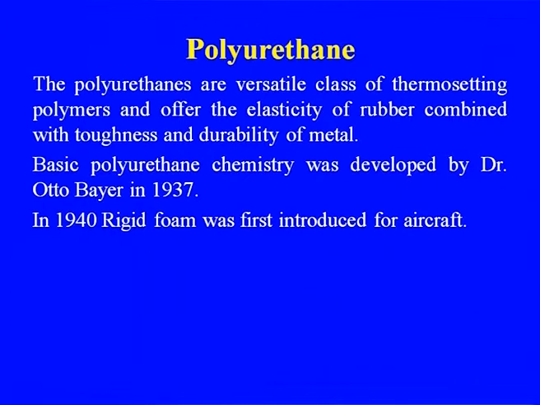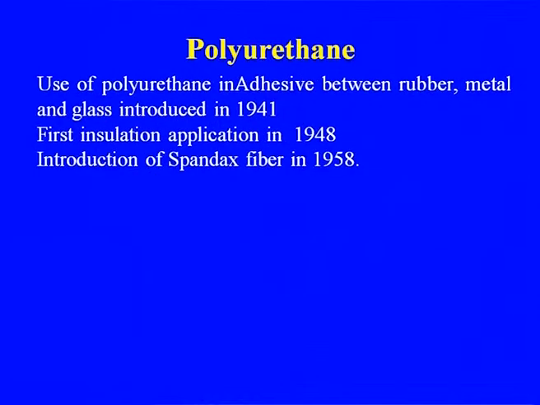In 1940, rigid foam was first introduced for aircraft. Use of polyurethane in adhesive between rubber, metal and glass was introduced in 1941. First insulation application in 1948.